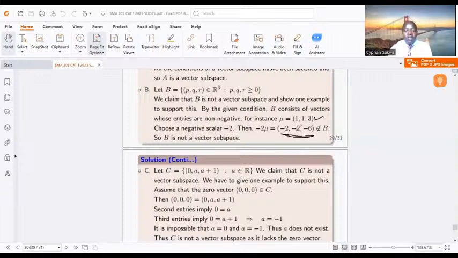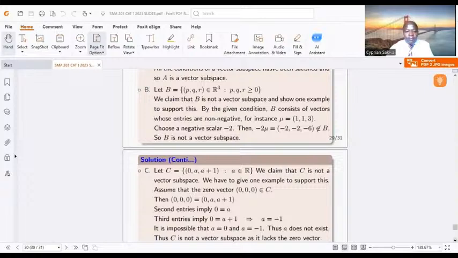And these entries do not satisfy the condition given here. The condition given here is that the entries should be non-negative. That means that this B, therefore, is not a subspace. It does not fulfill the closure under multiplication by scalars condition.